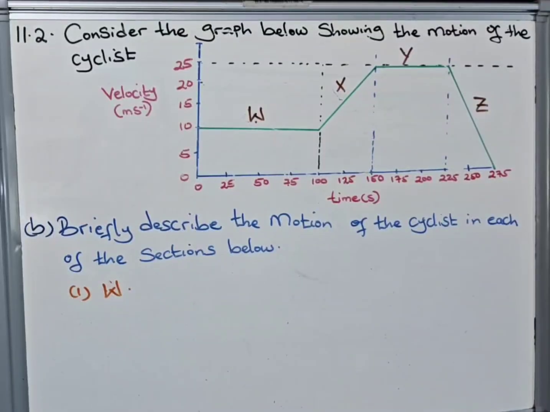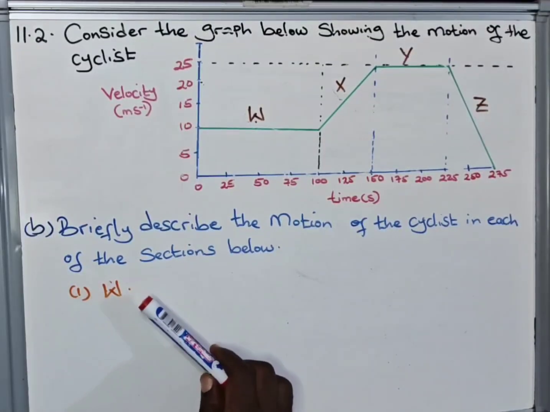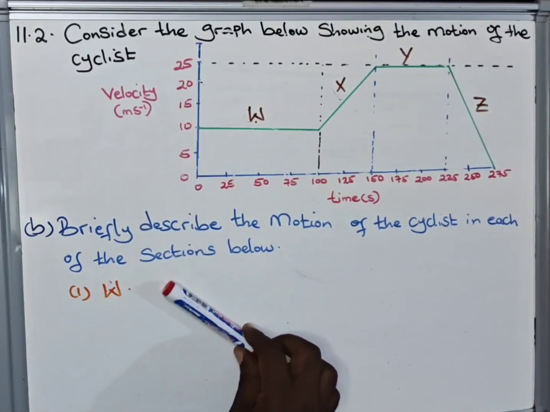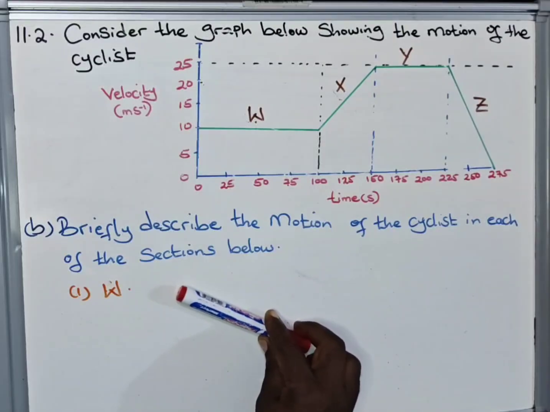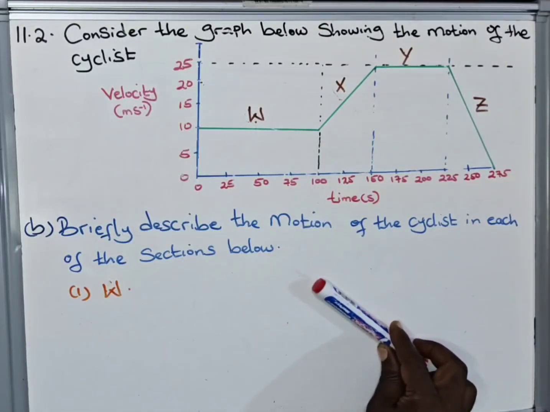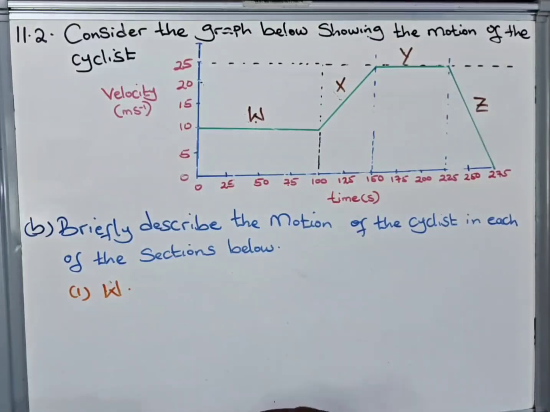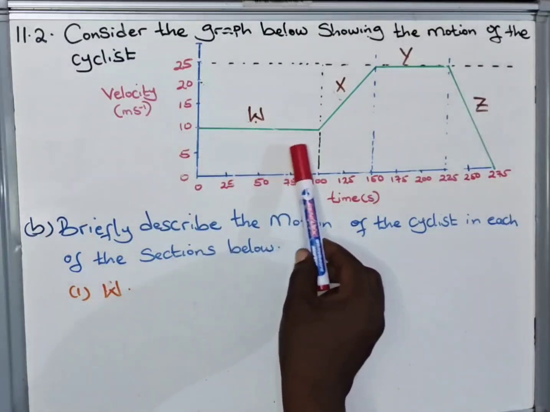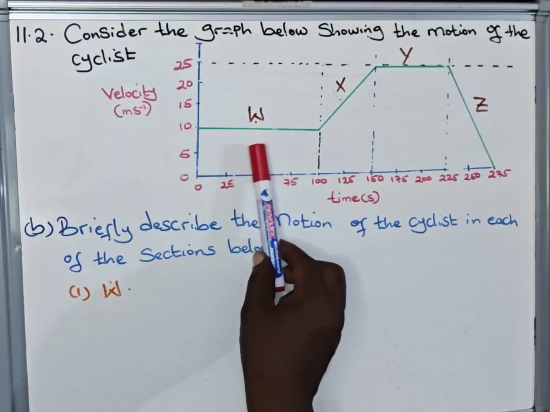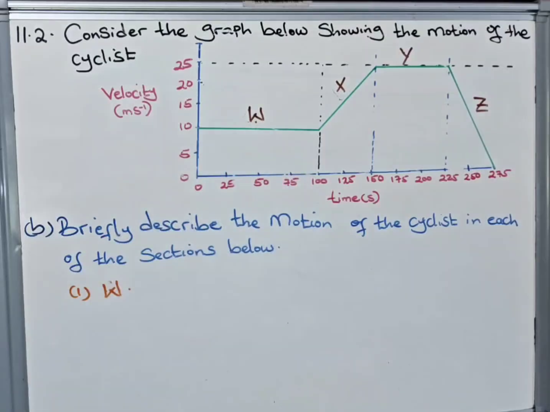Then we come to this question. It says that briefly describe the motion of the cyclist in each of the sections below. The first one is W. What kind of motion is this one?